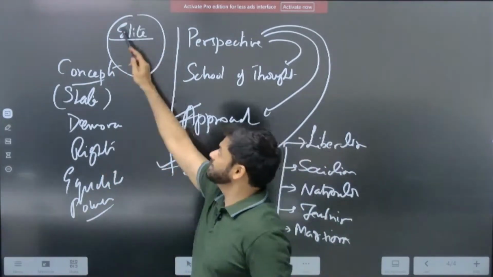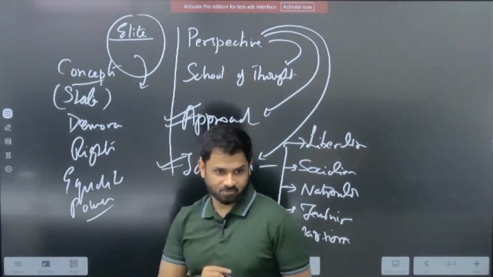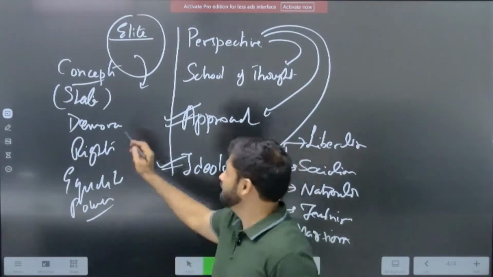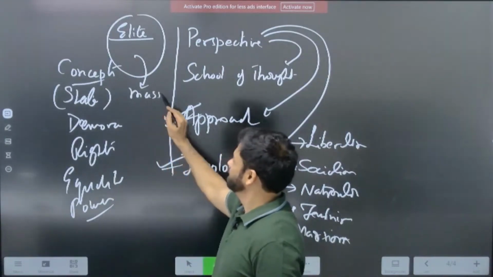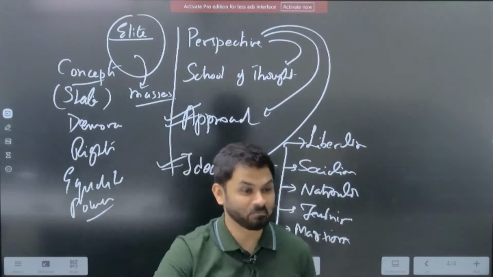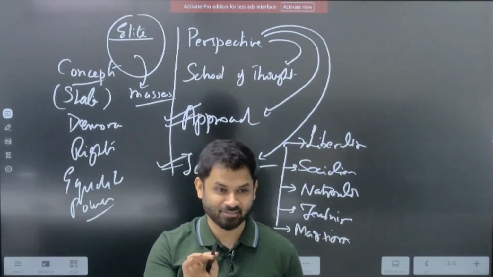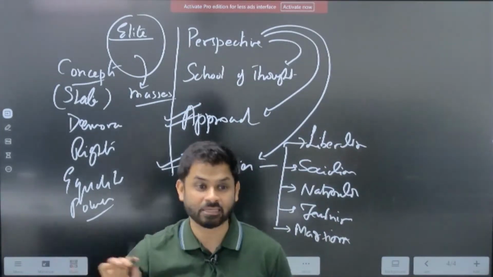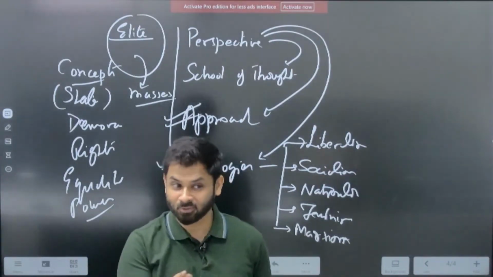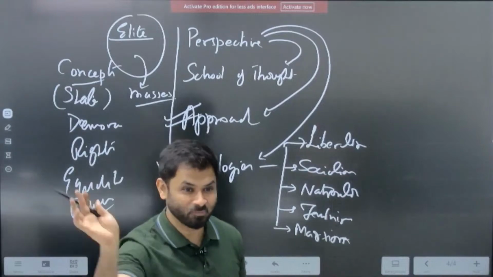Society includes elite and what? Elite and masses. Masses is not people. Masses is equal to people minus elite. Elite are not part of the masses, and people don't understand the word mass and they use it for people mostly.